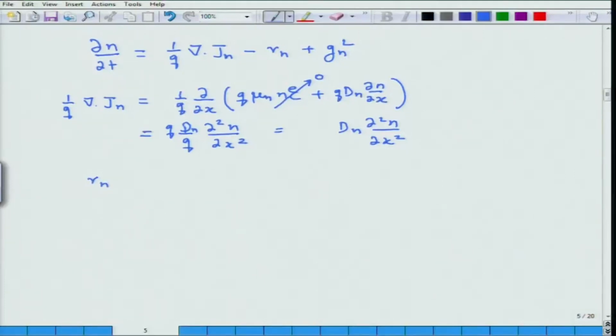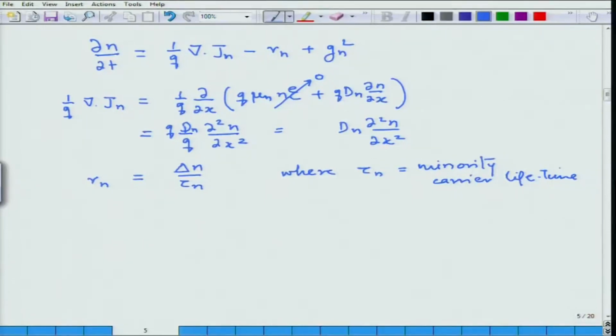we have done in the recombination generation under the low level injection. The recombination rate for a low level injection can be written as del n over tau n, where tau n is basically the minority carrier lifetime, the lifetime of the material.